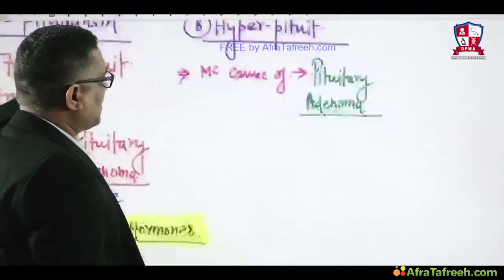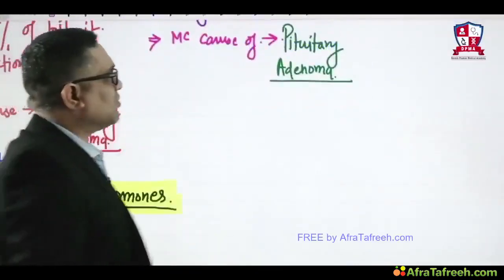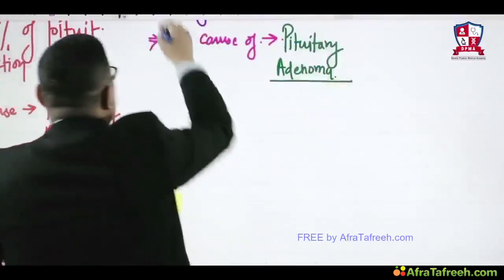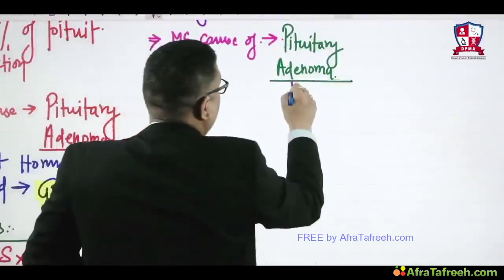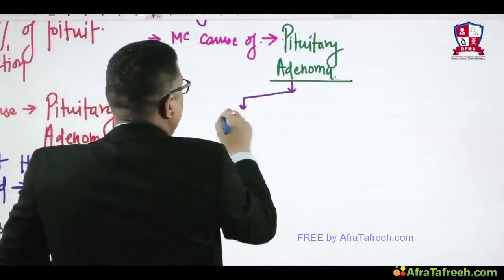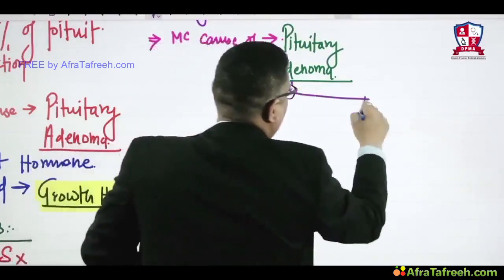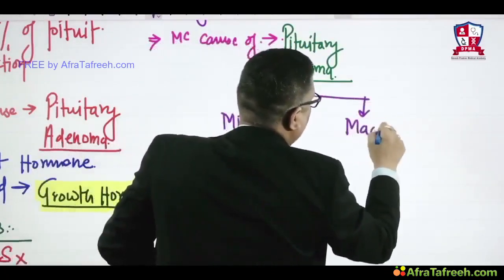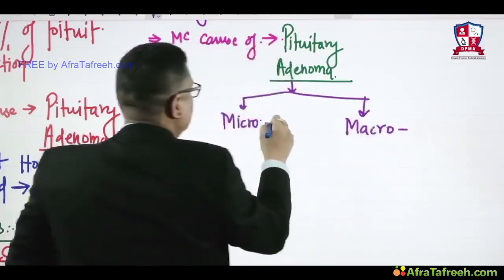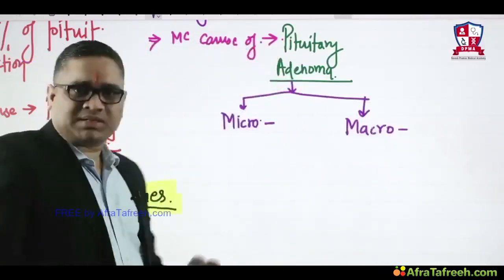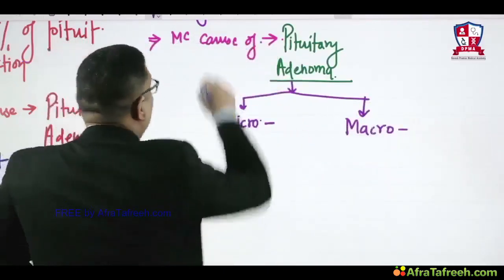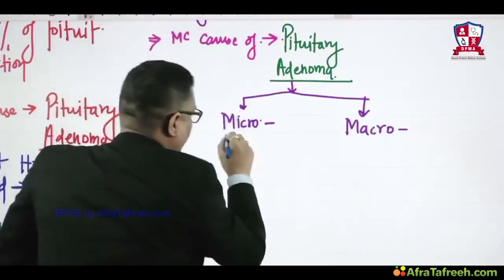So what is the pituitary adenoma which will be causing hyperpituitarism? This pituitary adenoma can be microadenoma and it can be macroadenoma also. So micro and macro, these are the two adenomas we will be seeing, right? Microadenoma, what is the criteria? That was an older All India question.